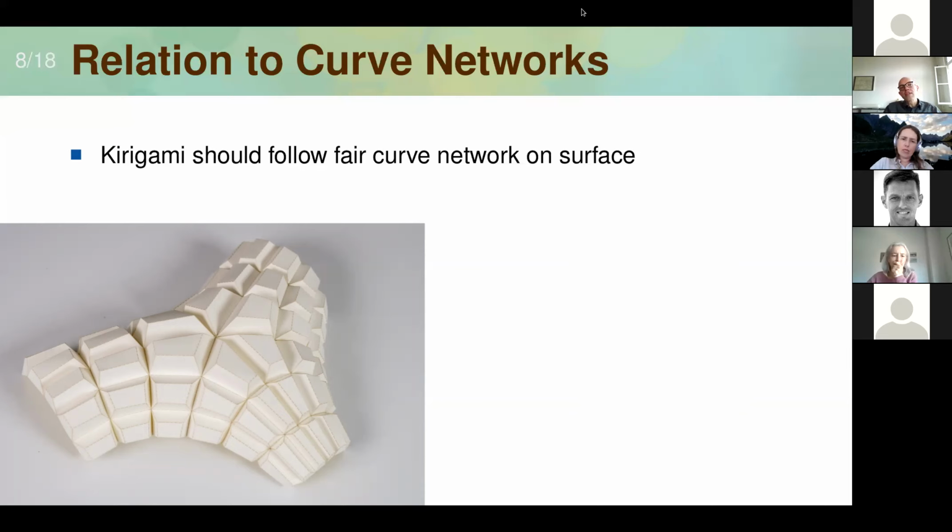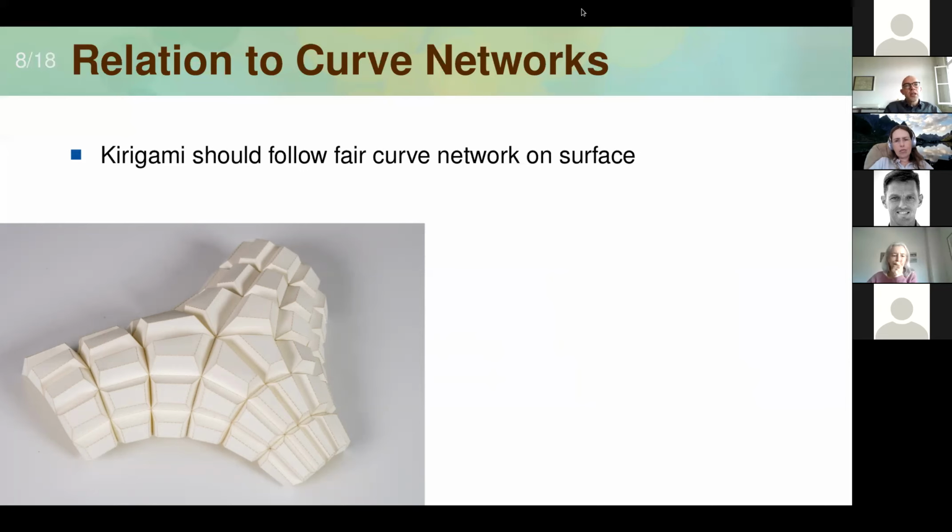So you can write down some fairness functional, some sum of squares of divided differences that should be small in order to achieve a fair curve network that is followed by the Kirigami structure. And also the heights of boxes should be not arbitrary, but they should vary in a kind of gentle way. So when you, by optimization, compute such a structure, you should also impose some fairness functionals on the height of boxes.